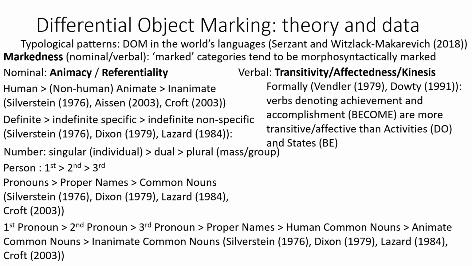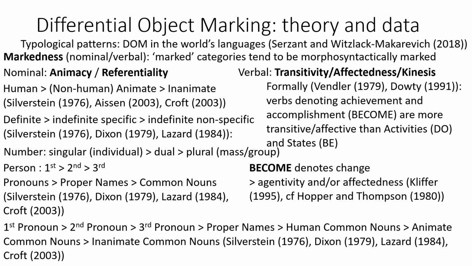Verbs denoting achievements and accomplishments are more transitive and effective than activities and states. If we think in terms of semantic primitives, achievements and accomplishments denote change through BECOME, which makes them different from activities and states. So we could say that BECOME, as a semantic primitive denoting change, is what encapsulates the verbal property of marking. It's BECOME that is the core in all this.